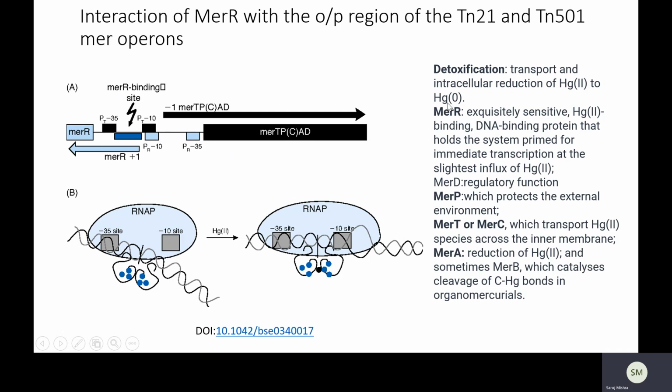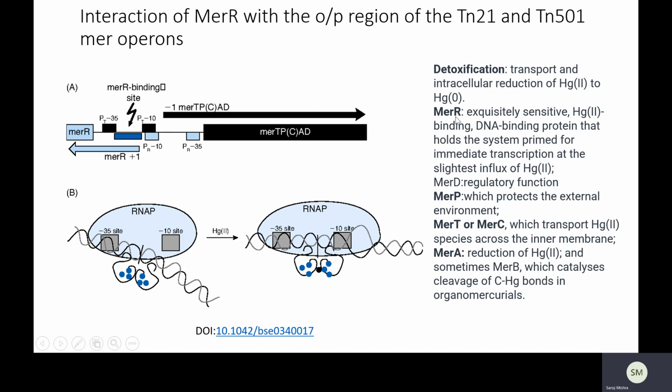In this process, you already saw that a number of genes are involved, which are coded for by either the MER operon or by the MER-R. Now, let's try to understand the function of each one of these. MER-R is an exquisitely sensitive mercuric binding protein. In other words, MER-R codes for a repressor protein which can bind to mercuric ion, and it is also a DNA binding protein.